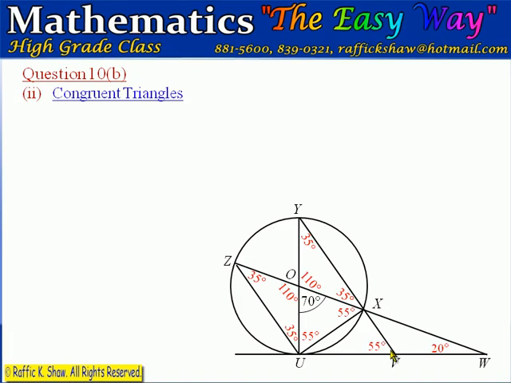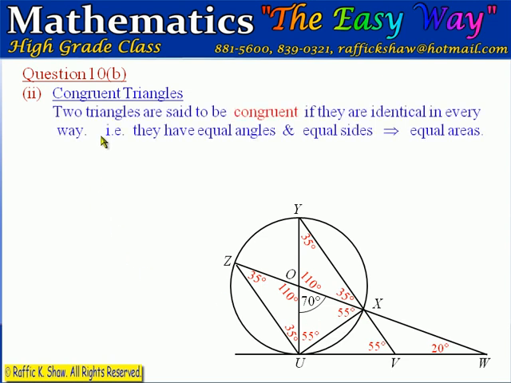Now question 10b is asking us about congruent triangles in this diagram. Now let's talk about congruent triangles a bit. Two triangles are said to be congruent if they are identical in every way. That is, if they have equal angles and equal sides, and so they would have equal areas.